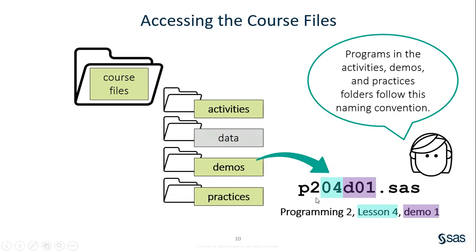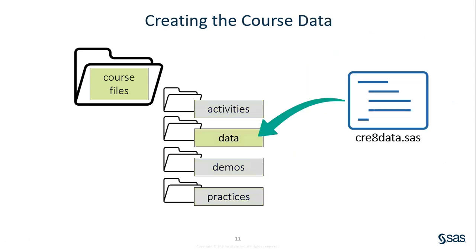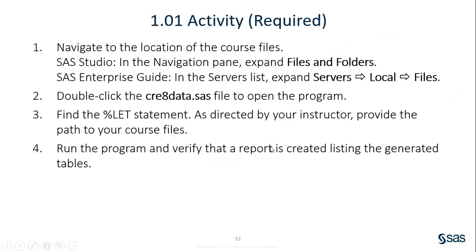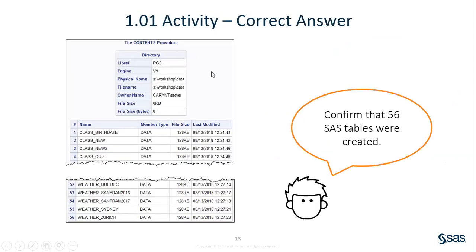Because it is the PG2 course. The rest is the same. Your code is always saved with the .sas extension. So this indicates P2 lesson 4 demo D01. All good. So to connect to your data, we write a libname statement to connect your data files. And that's it. If you see the contents of your library, you will get this information.